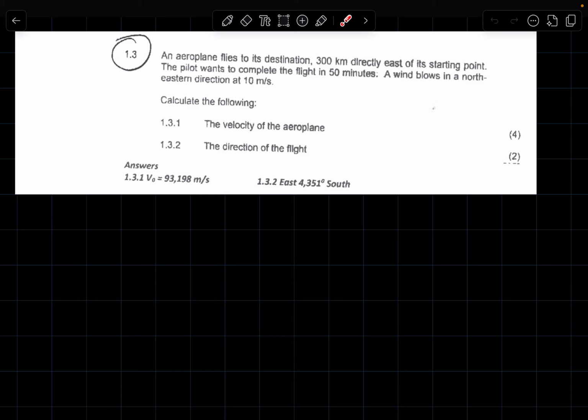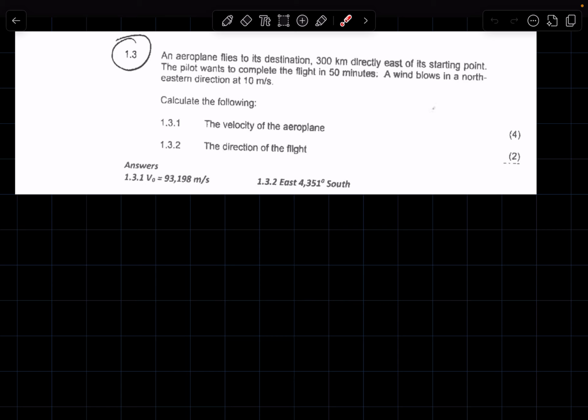Remember, with resulting velocity, we look out for three velocities: VO, VW, and VR. It is important in interpreting your information, or in interpreting the data, that you are able to establish what you've been given regarding VO, what you've been given regarding VW, and what you've been given regarding VR, if any.